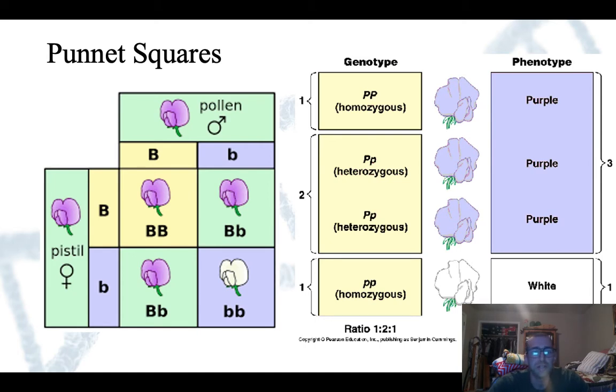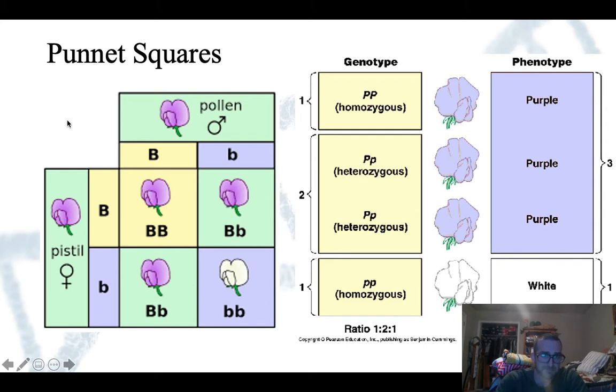Right, so the easiest way, and you've probably all done this if you've taken a genetics class, even just high school biology, you would have done Punnett squares. Punnett squares are just a nifty little tool that will help you determine genotypes of offspring of parents, right? If you know the parents' genotypes.